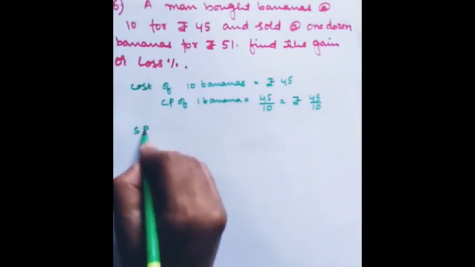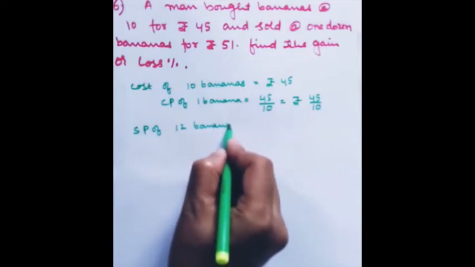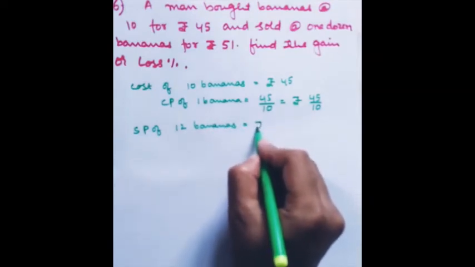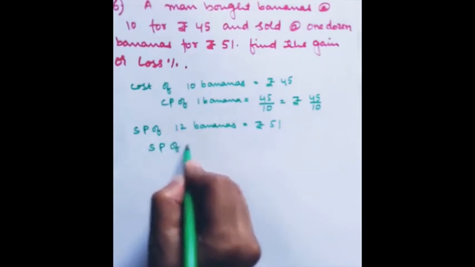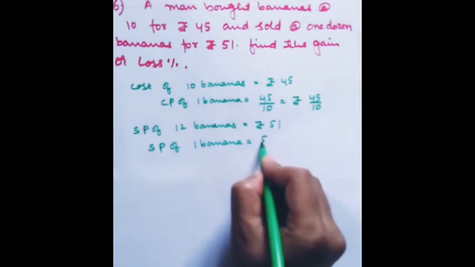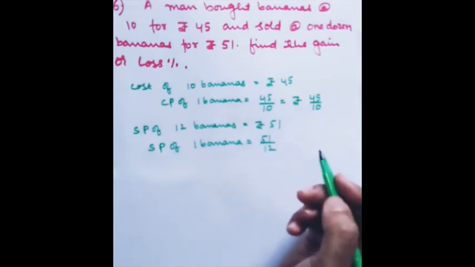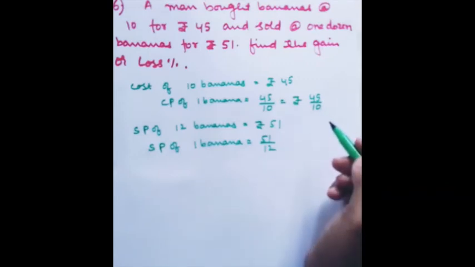Now SP of 12 bananas is equal to rupees 51. So SP of 1 banana will be equal to how much? 51 by 12, isn't it? Now see, 51 by 12 and 45 by 10, which one is greater? You have to find out whether your SP is greater or CP is greater.